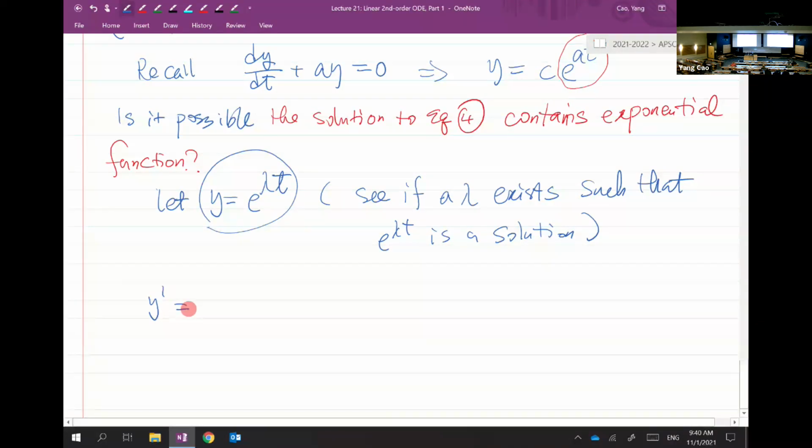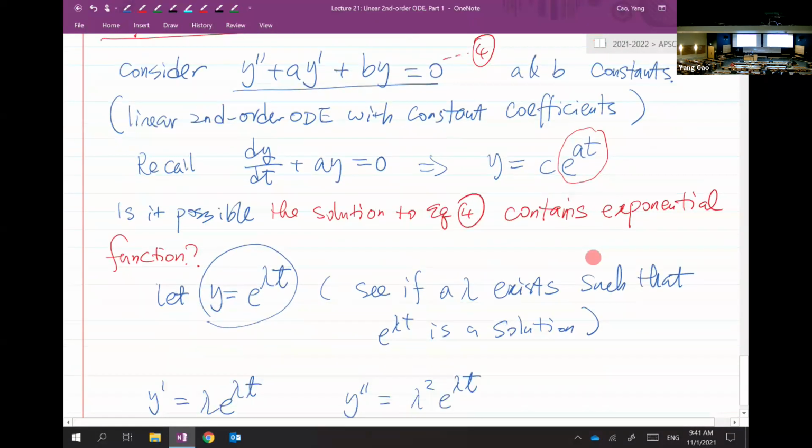So y prime is the derivative of this exponential function, so e to the power lambda t times lambda. And y double prime is to take another derivative of y prime, and you get lambda squared e to the power lambda t. So that's y prime and y double prime, and you also have y here. Now I'm going to substitute these three things back into equation 4.